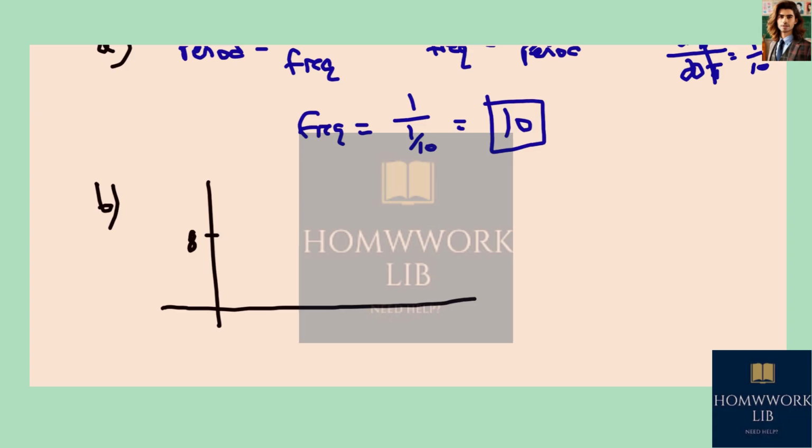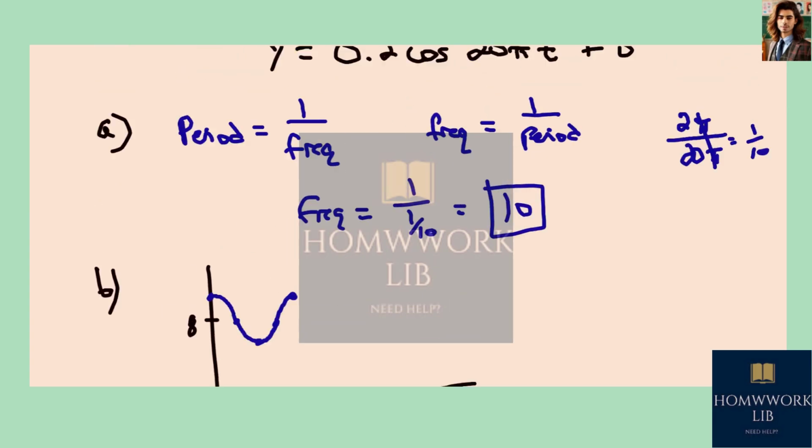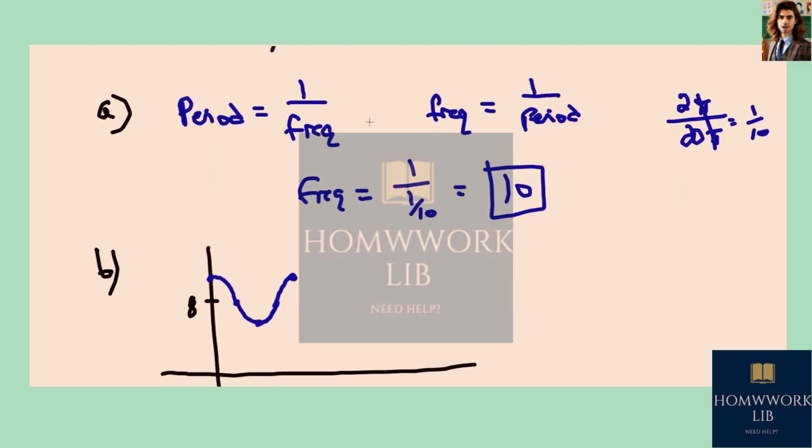Now cosine starts at a maximum, and then goes to a minimum and back to 0, that would be just one cycle, one period. The amplitude is the 0.2, so this would be 8.2, and this would be 7.8.